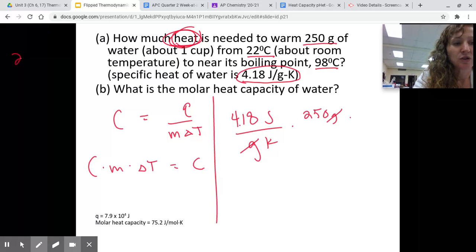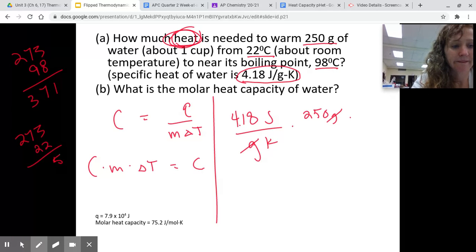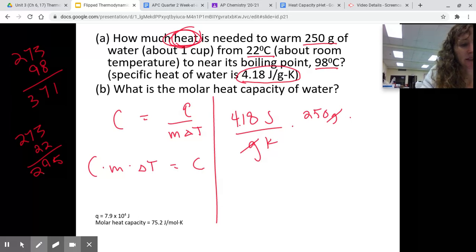So 273 plus 98 is 371. 273 plus 22 is 295. 371 minus 295 is 76. Okay, so 76 Kelvin.